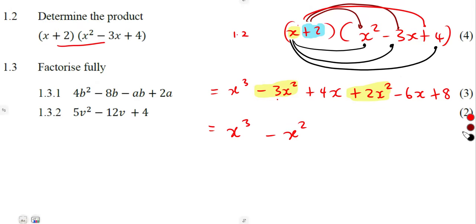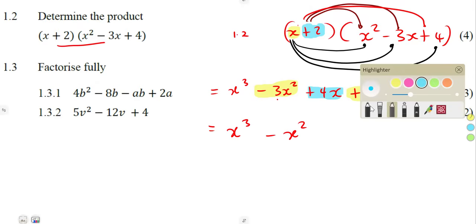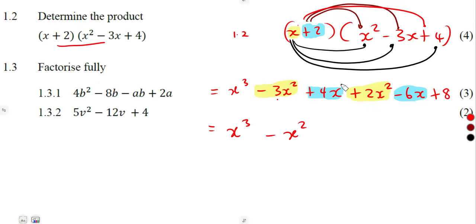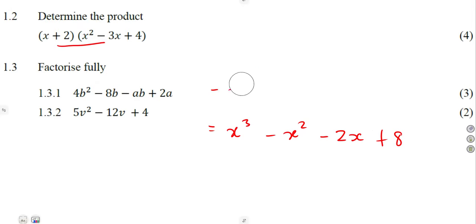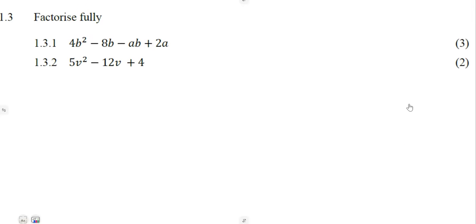Then we also have like terms, the part of x and x, same variable and exponent. 4 minus 6, that is minus 2x plus 8. For 8, we do not have anything to add or subtract, so it's just going to remain as 8. So that was it. Determine the product: it was just expand brackets and simplify.